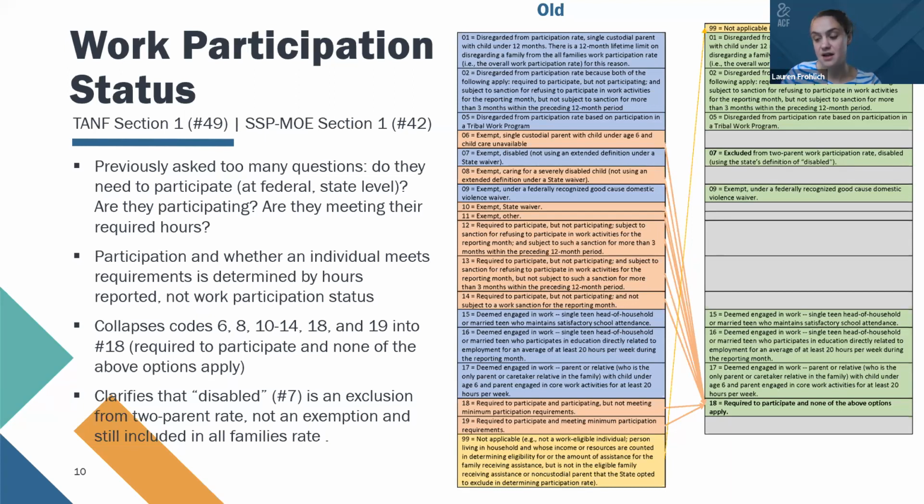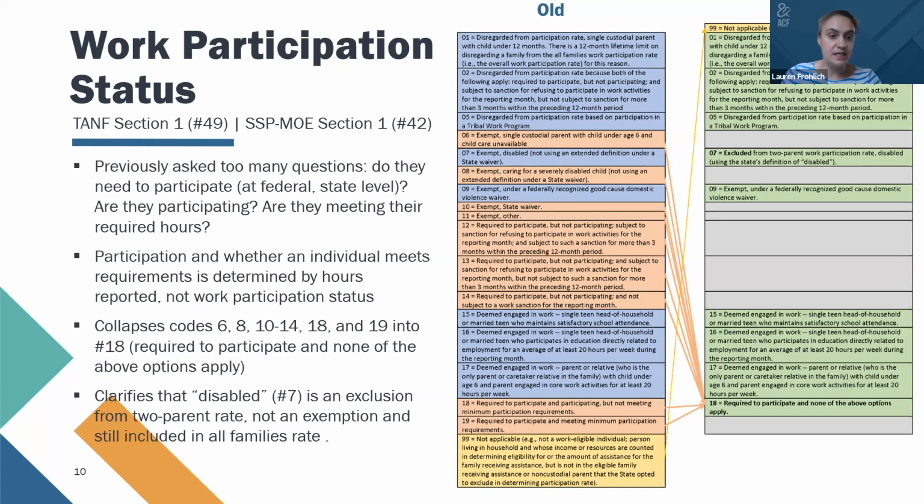That level of detail is not necessary for this question because it was already being determined elsewhere. So what we did was we collapsed all of those categories in orange, which are enumerated here, into one broader category, which is required to participate, and none of the above options apply.